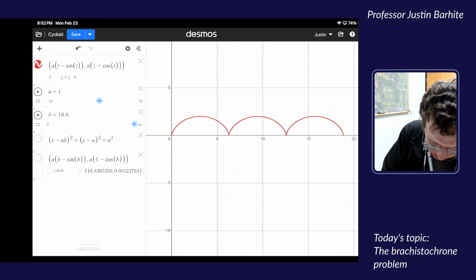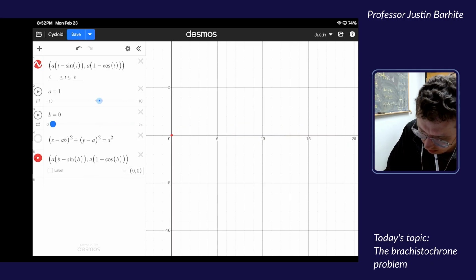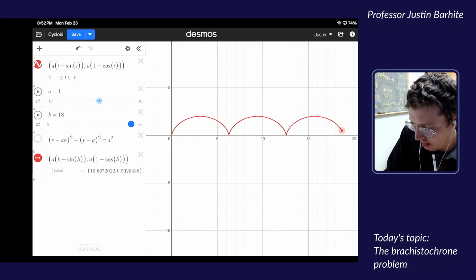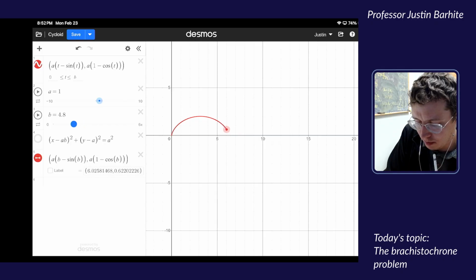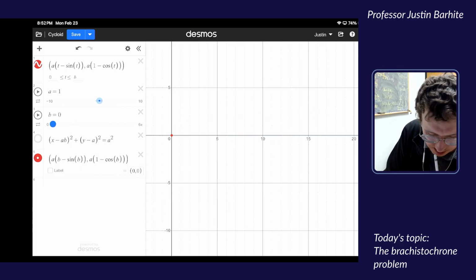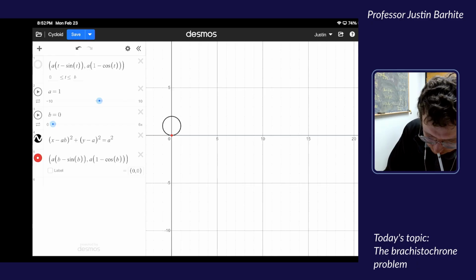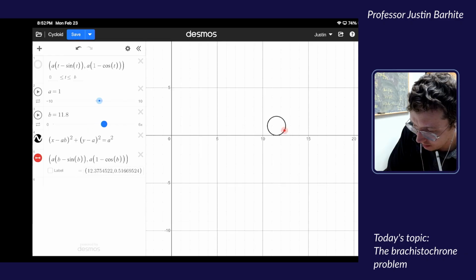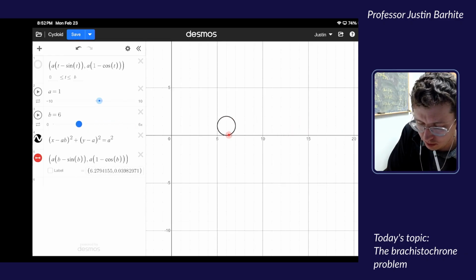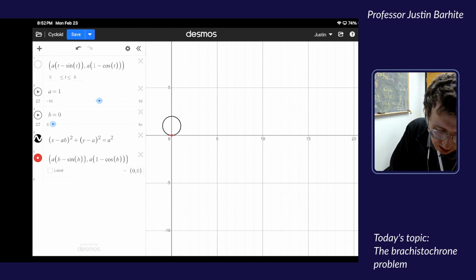And the really cool thing about this is, if I trace this out over time, there's a really nice way to describe this curve, which is I'm going to put a circle here, and we're just going to let that circle roll along the x-axis at a constant rate, and I'm marking that one point that started out at the origin.